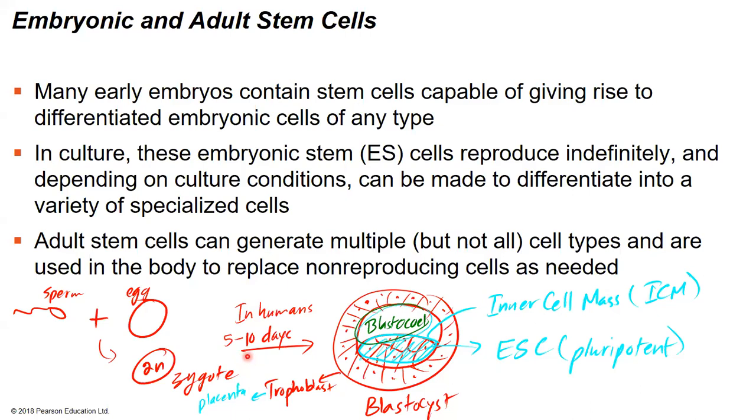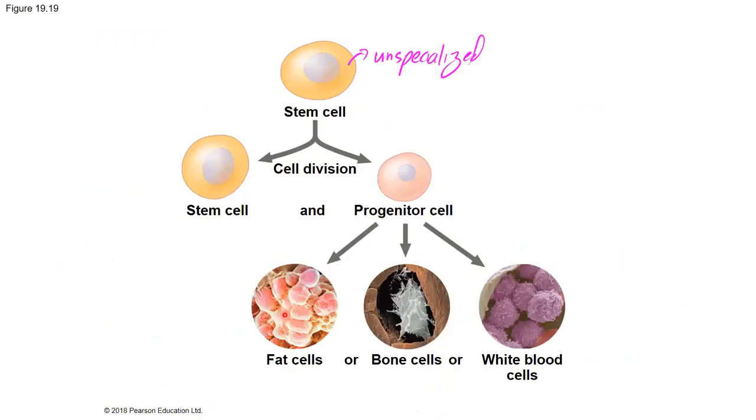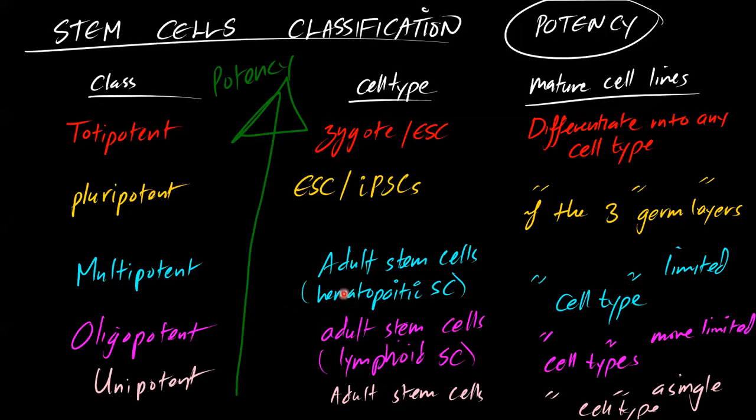And these adult stem cells, as I mentioned before, could be multipotent, oligopotent, or unipotent. An example of adult stem cells is the hematopoietic stem cell, the cell that is responsible for generation of blood cells.